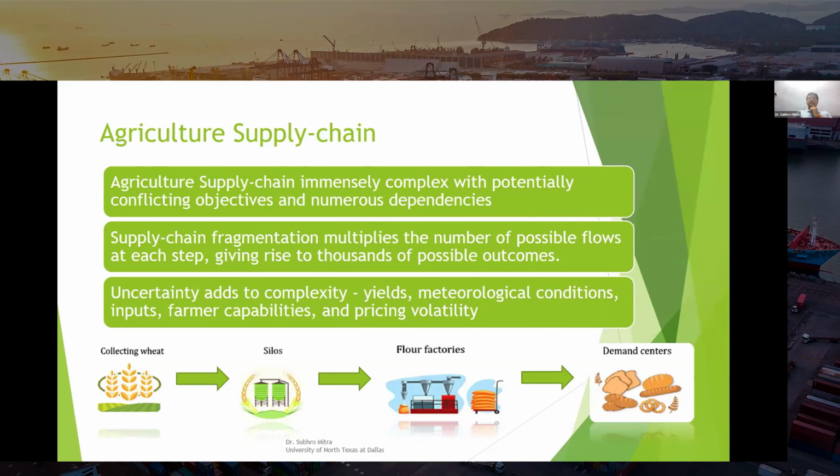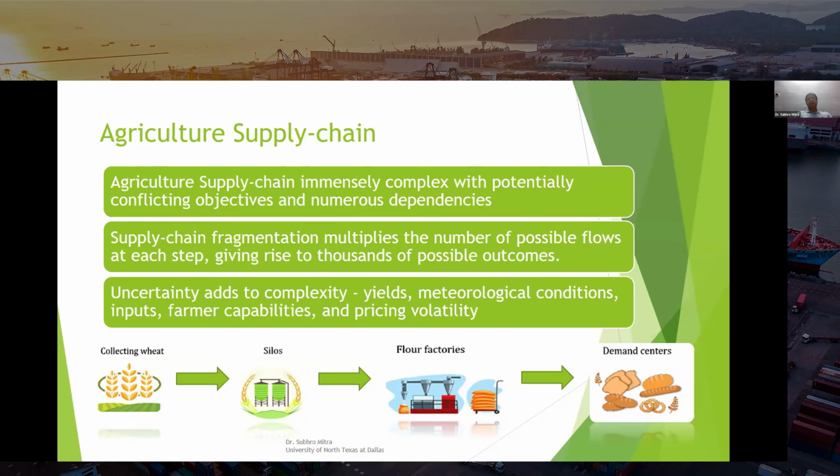There are a lot of uncertainties in this agricultural supply chain. Uncertainties happen because of variability in the yield, which depends on so many factors, and the inputs of the farms, which are also very uncertain. The price is volatile.